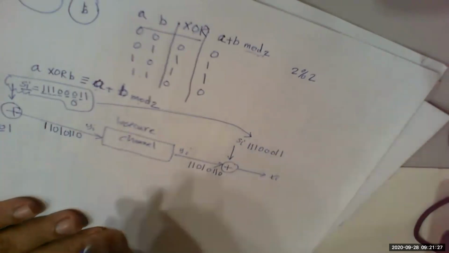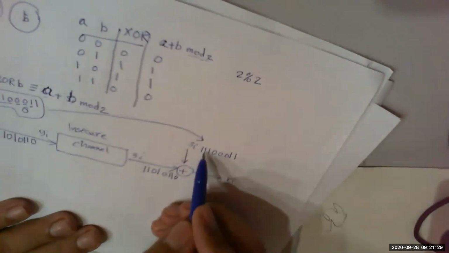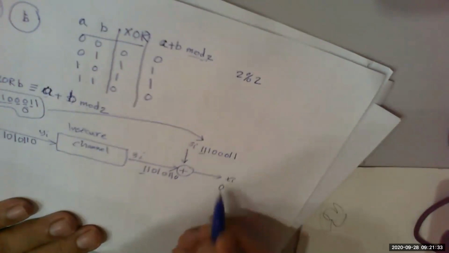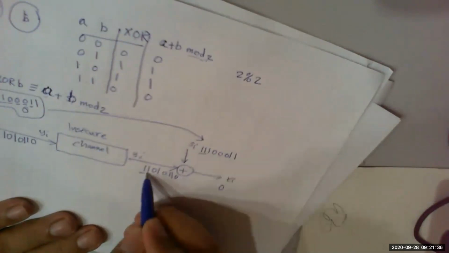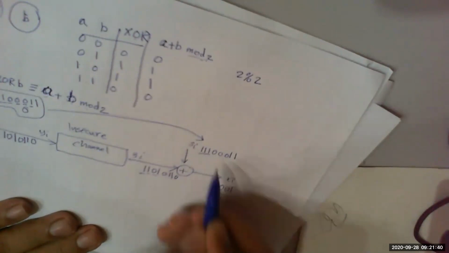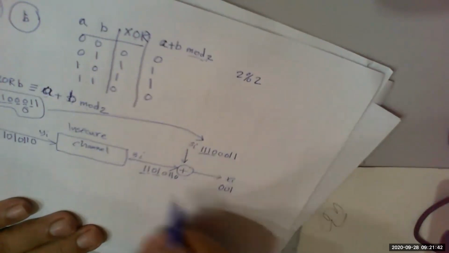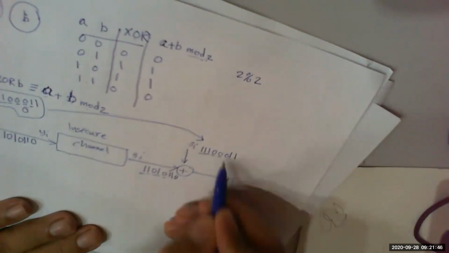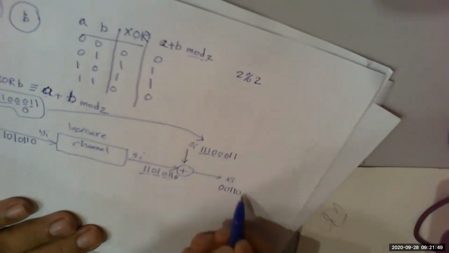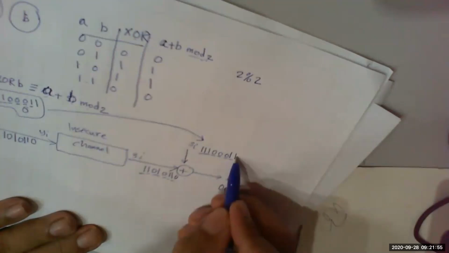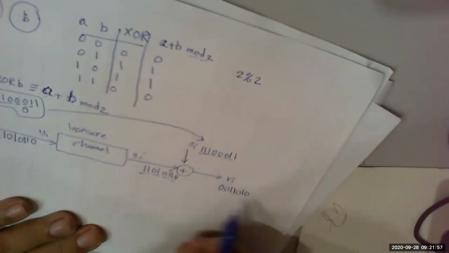111000111. So we apply XOR again. 1 XOR 1 is 0, 1 XOR 1 is 0, 1 XOR 0 is 1, 0 XOR 1 is 1, 0 XOR 0 is 0, 0 XOR 1 is 1, 1 XOR 1 is 0, and then 1 XOR 0 is 1.